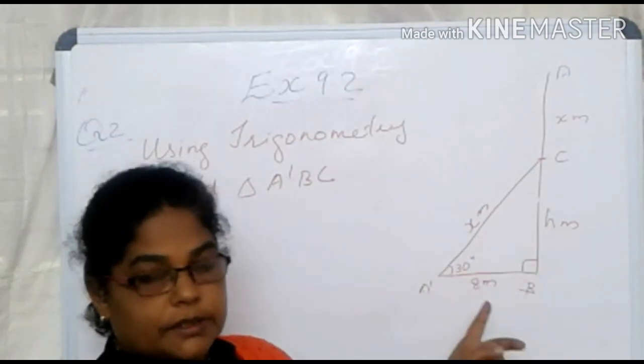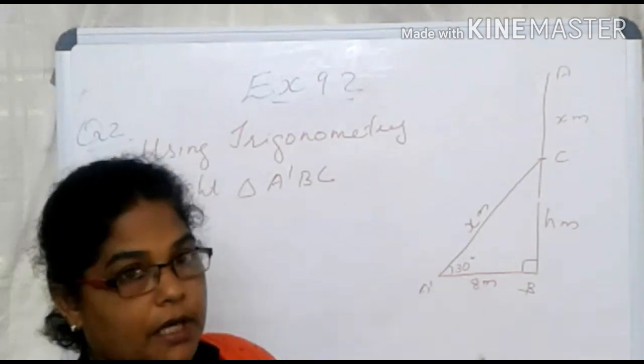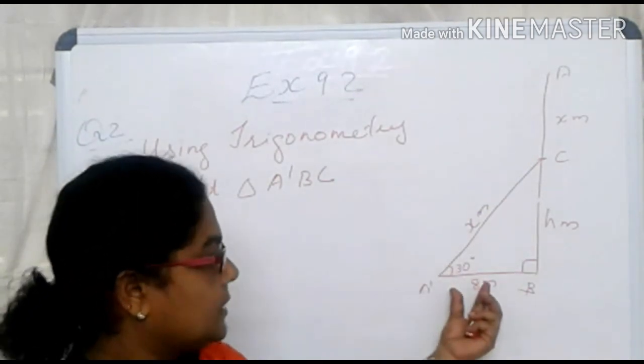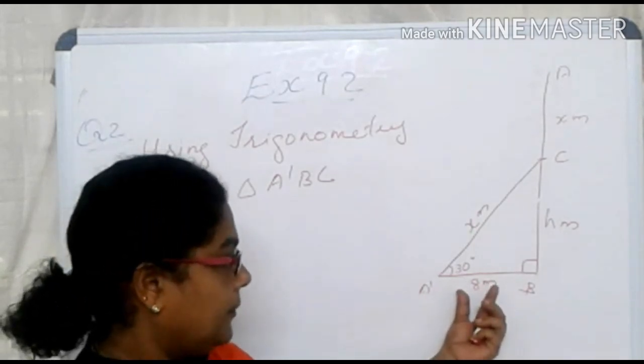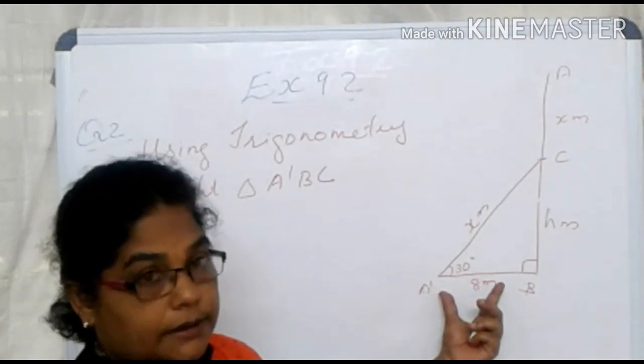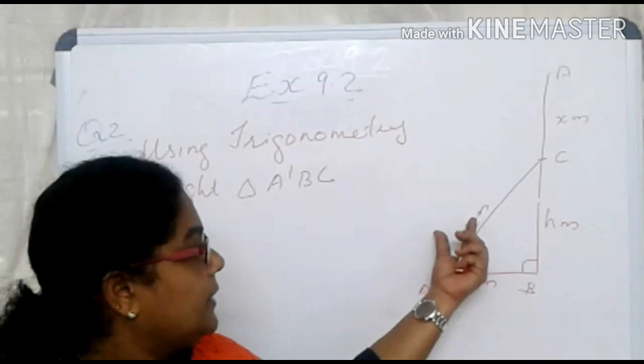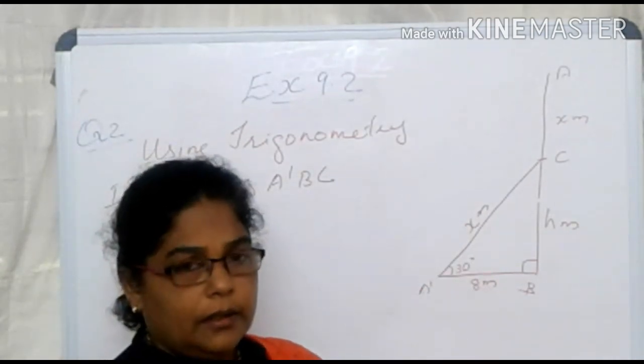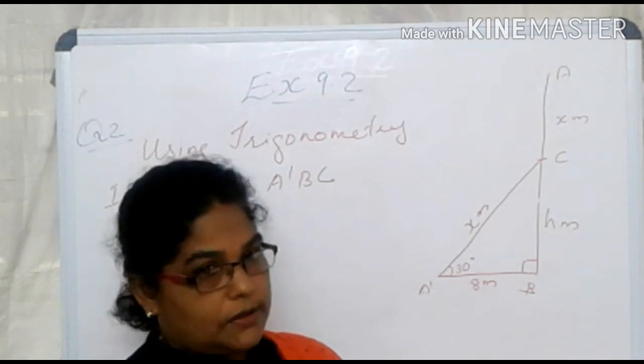Which trigonometric identity do we have to use to get the value of x? A dash B is known, which means the adjacent side is known, and we need the hypotenuse. So we can use cos theta.